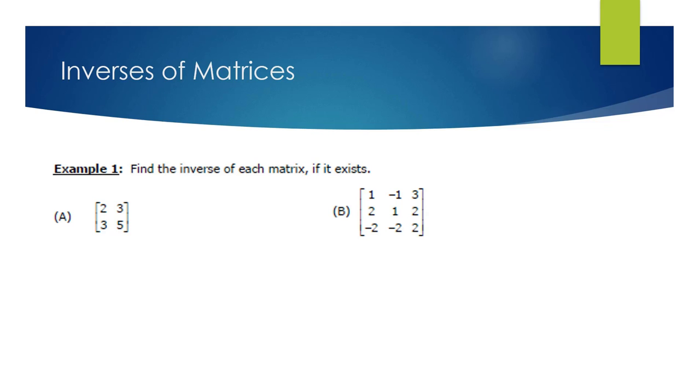If I want to find the inverse of the matrix 2, 3, 3, 5, I'm going to augment it with the 2 by 2 identity matrix. What I want to do is perform row operations that make the left-hand side, the one on the left of the vertical line, into the identity matrix, and then the matrix I have on the right should be the inverse.